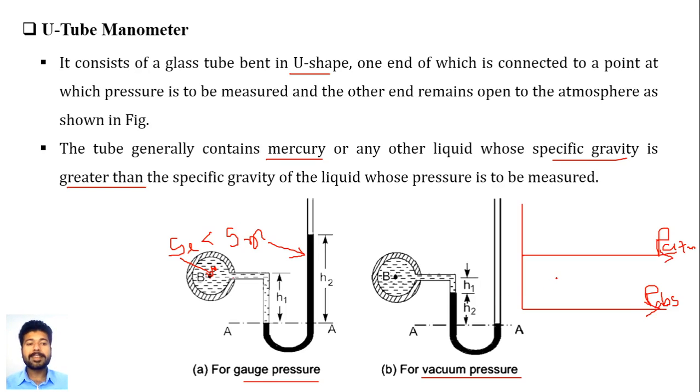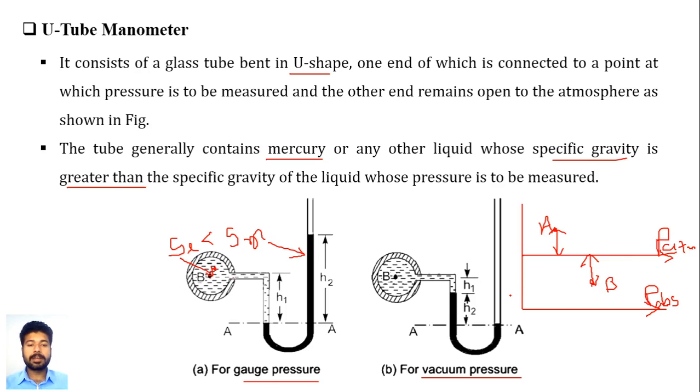So if you want to measure the pressure above the atmosphere, like this point A, which is this much higher than the atmospheric pressure, at that time we need to find out this pressure with the help of the positive pressure gauge. And if you want to find the pressure which is below the atmospheric pressure, the vacuum pressure, at that time this one is your vacuum pressure, which is below the P atmospheric line.